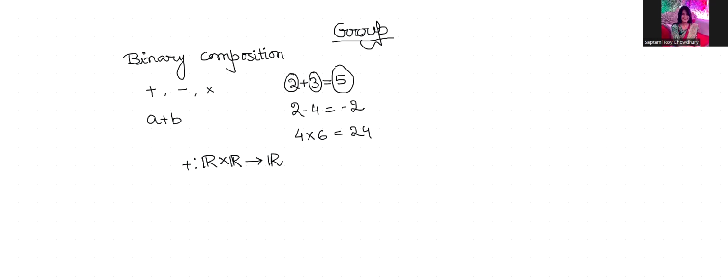Or you can say Z cross Z to Z, as we know that the sum of two integers is always an integer, right? Now, when we write Z, comma, plus, we have to know the term closed under.